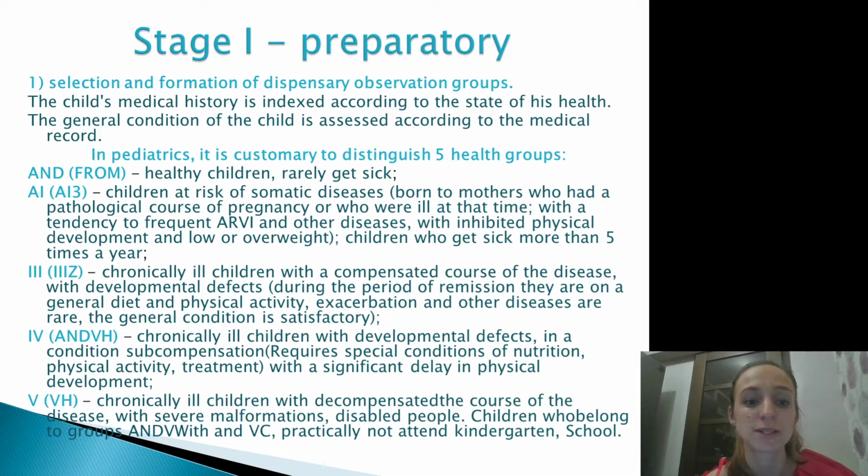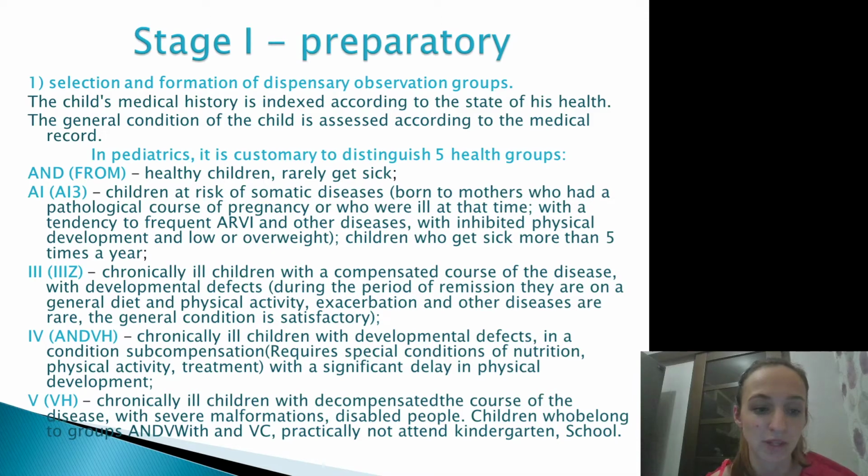Second, children at risk of somatic diseases, born to mothers who had a pathological course of pregnancy or who were ill all the time, with a tendency to frequent respiratory viral infections, with inhibited physical development and low weight or overweight. Children who get sick more than 5 times a year.